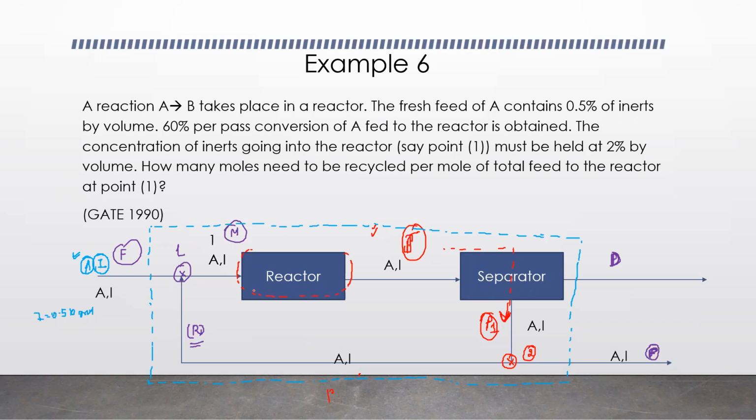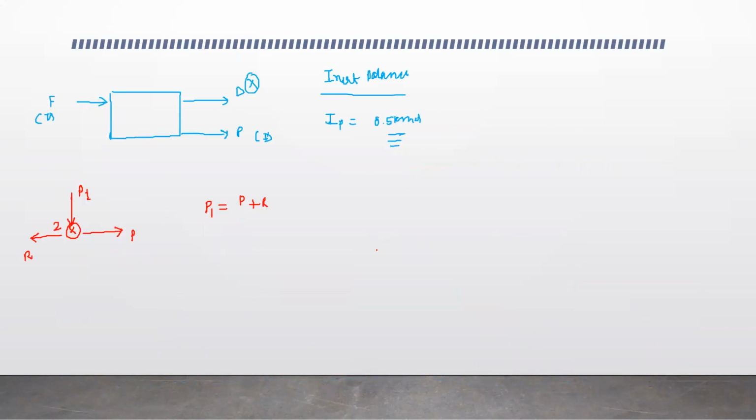Anything that involves the reactor, like the blue block diagram, we can't do overall material balance there. So P1 is equal to P plus R. This is the equation that we can form here.